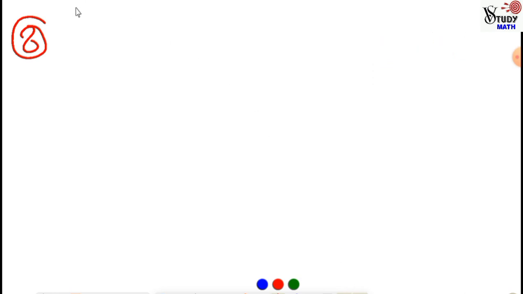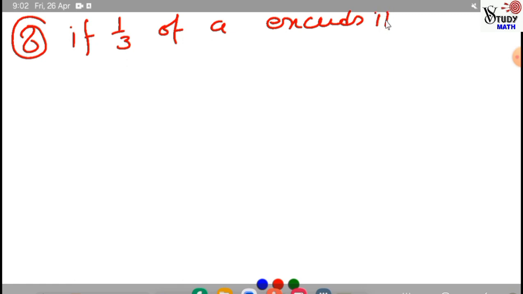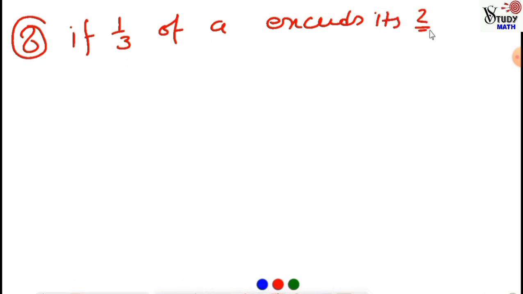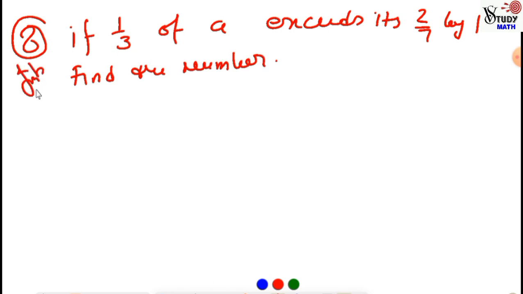If 1/3 of a number exceeds its 2/7 by 1, find the number. This is a very important question. Let's solve it.